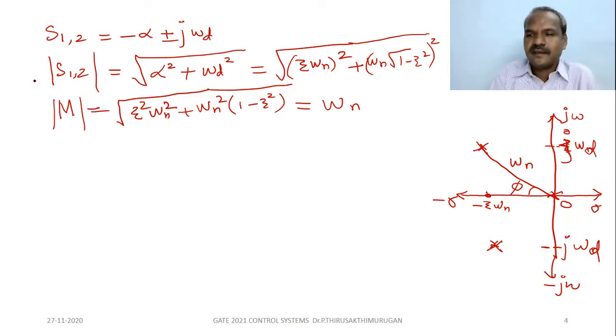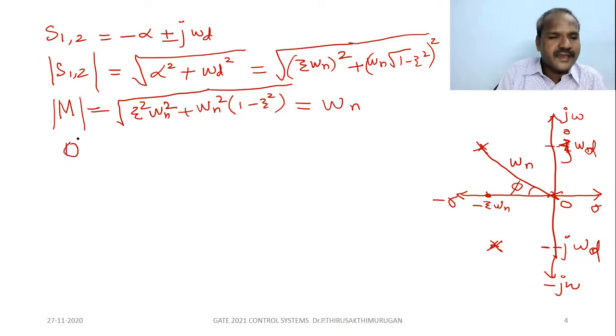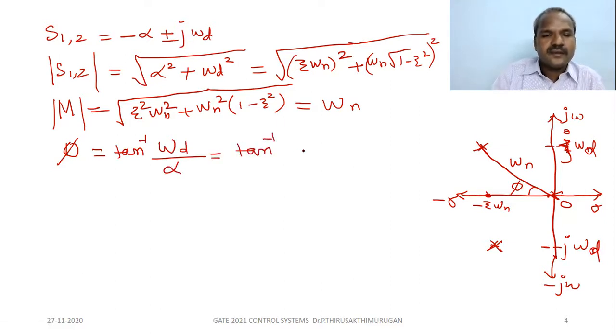So let us find the phase angle for this complex number. Phi is tan inverse of the imaginary part, omega d, over the real part, alpha. That is tan inverse of omega n square root of 1 minus zeta square divided by zeta omega n.